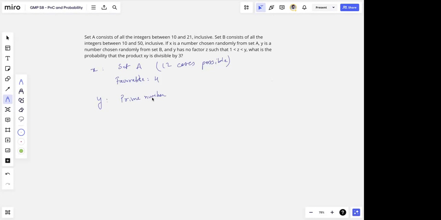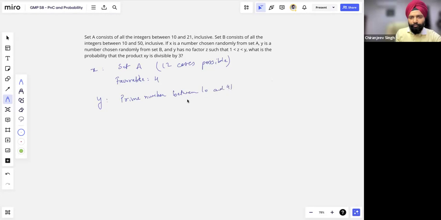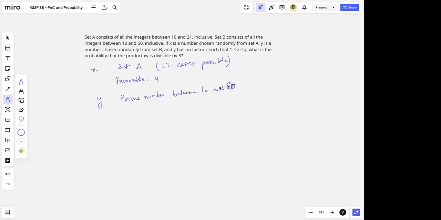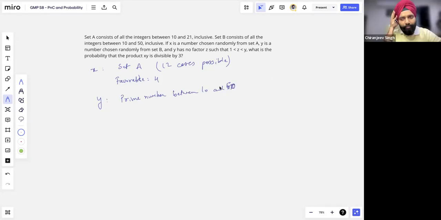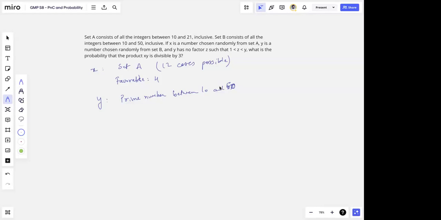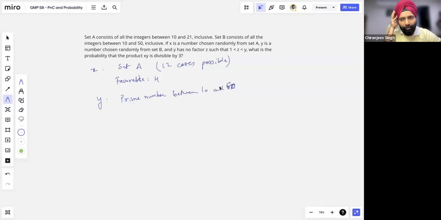Because the total numbers in set B is 41. So can Y be anything? No, Y needs to be a prime number. So then why are you taking 41?